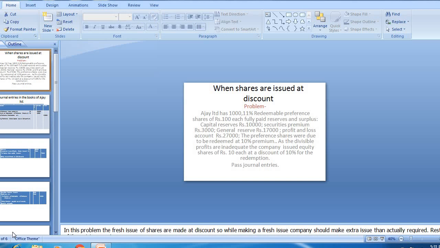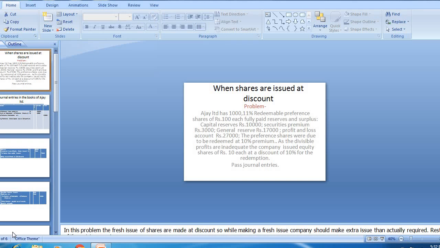Reserves and surplus: capital reserve rupees 10,000, securities premium rupees 3,000, general reserve 17,000, profit and loss account rupees 27,000. The preference shares were due to be redeemed at a 10% premium. As the divisible profits are inadequate, the company issued equity shares of rupees 10 each at a discount of 10% for the redemption. Pass journal entries.